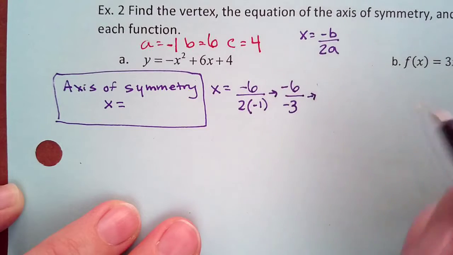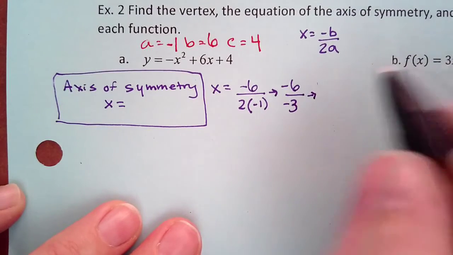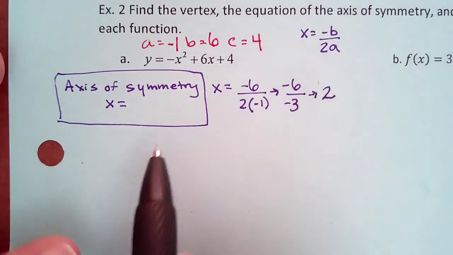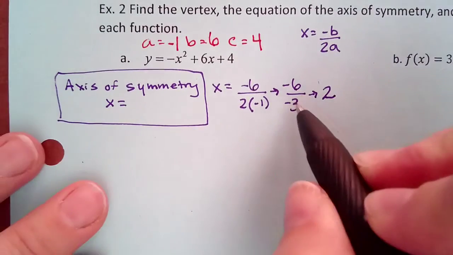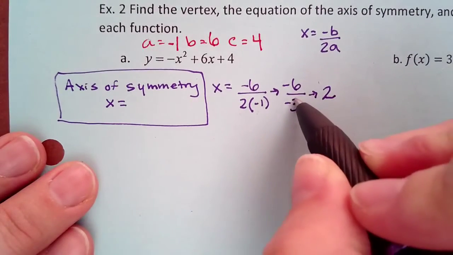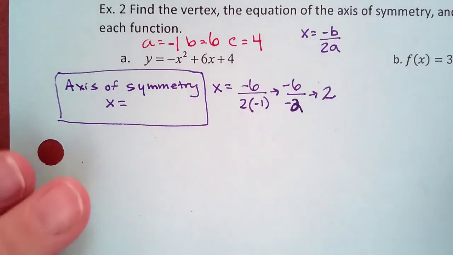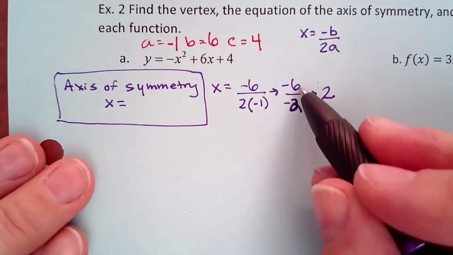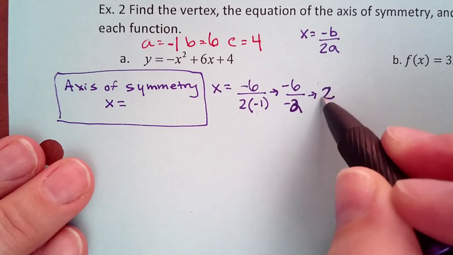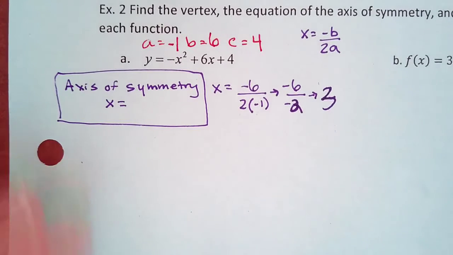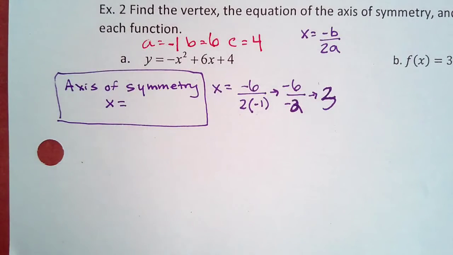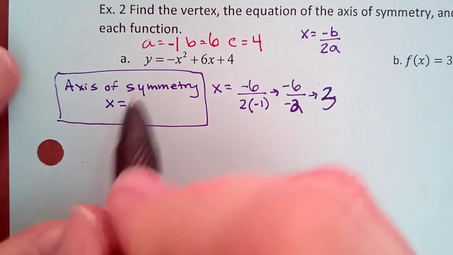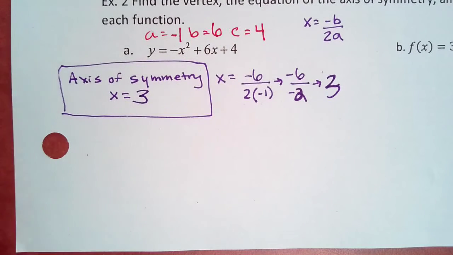What is negative 6 divided by negative 3? Positive 2. So our axis... You got that wrong. Ooh! Okay, 2 times negative 1 is negative 2. Negative 6 divided by negative 2 is positive 3. So our axis of symmetry is... Tanner? 3. x equals 3.